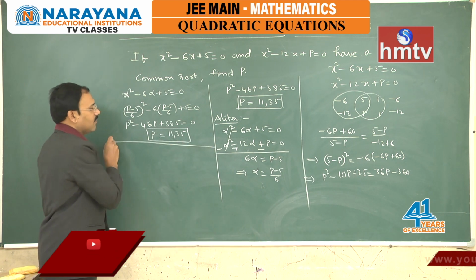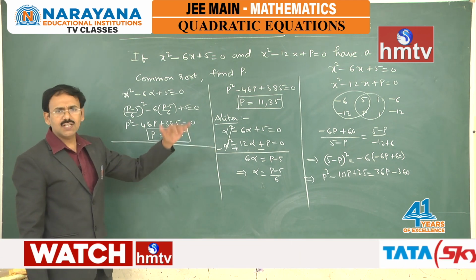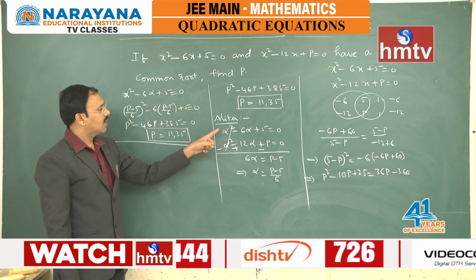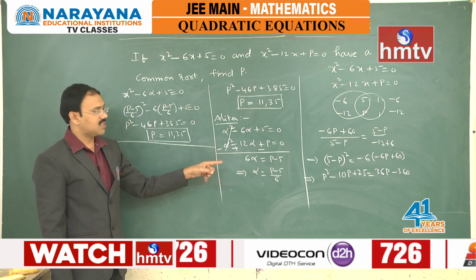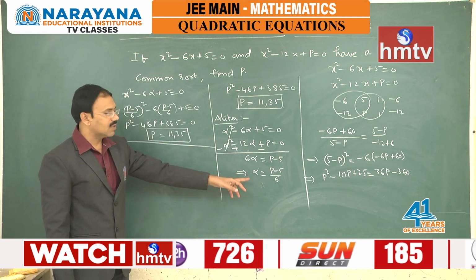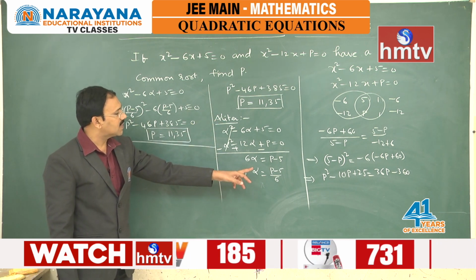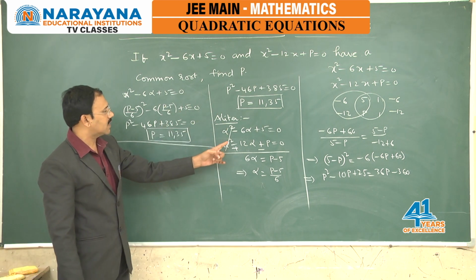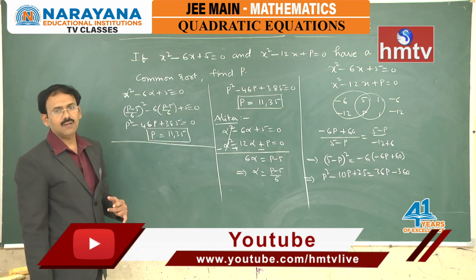This is the second one. I have done the actual routine procedure: let alpha be the common root, substitute in both the equations, subtract, get the value of alpha, and then substitute this alpha in either the first or second equation to find p.